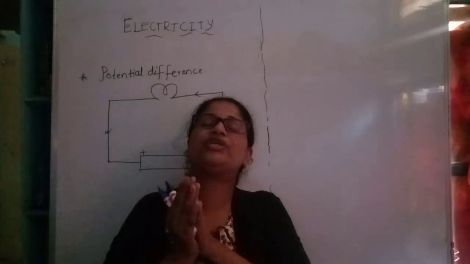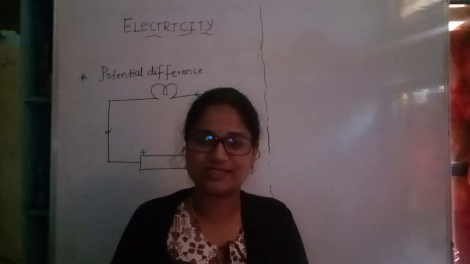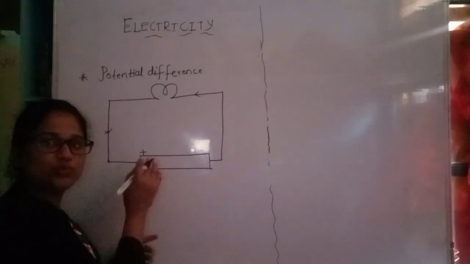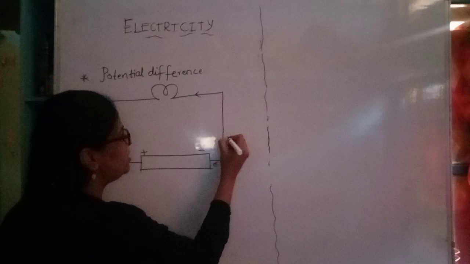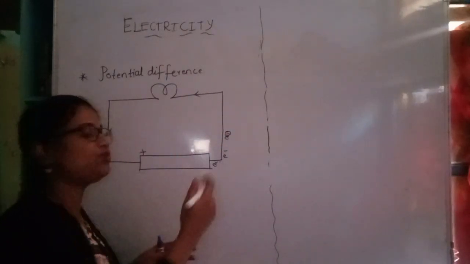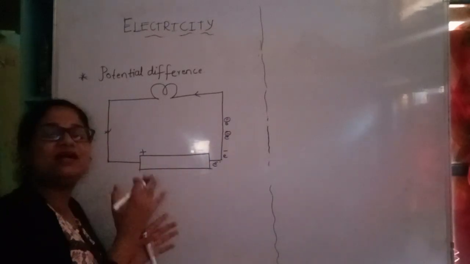Before going to that, we will discuss how the flow of electrons occurs. As I said in the last class, the flow of electrons will be from the battery through the conductor. It is the continuous movement of electrons. What makes that continuous movement?